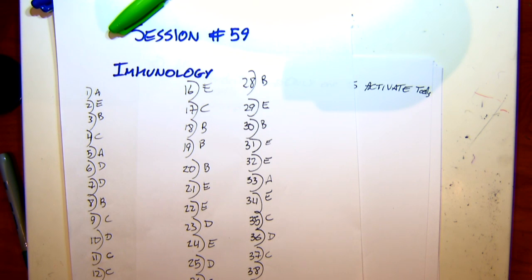B7 is always going to be on your dendritic cell, whenever what the dendritic cell picked up is a pathogen. So if the dendritic cell for some reason picks up a dead epithelial cell and wants to take it over to the T cells just in case, it's not going to have B7 on the surface.